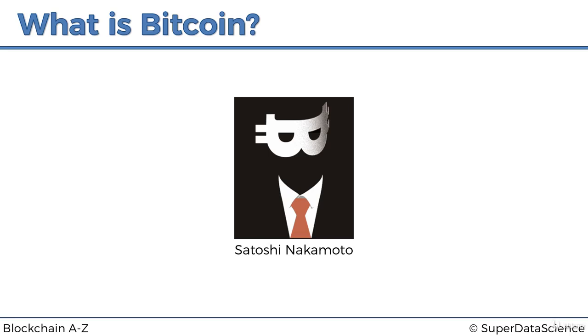But nevertheless, there's a white paper published under the name Satoshi Nakamoto in 2008, which explains this whole system in a lot of detail, many of the ideas that we talked about in Module 1, and many of the ideas that we'll talk about in Module 2 here. And then in 2009, the Bitcoin system was implemented.